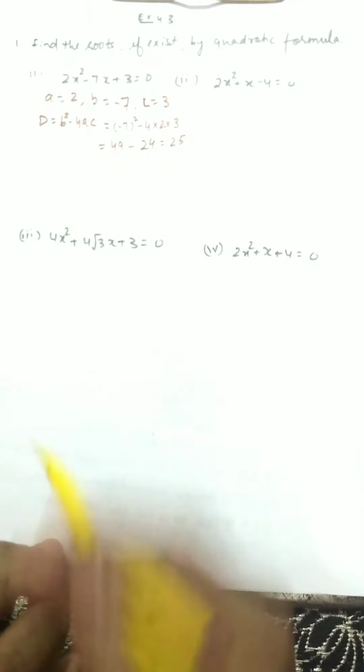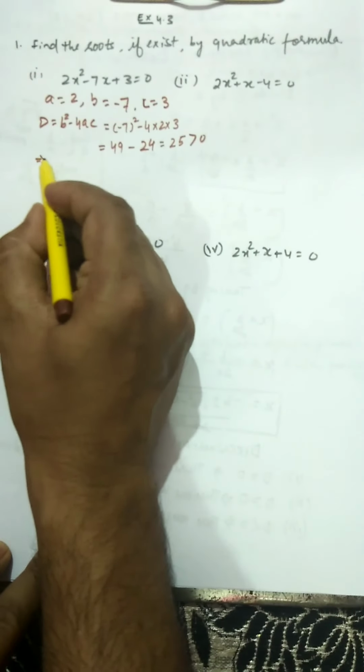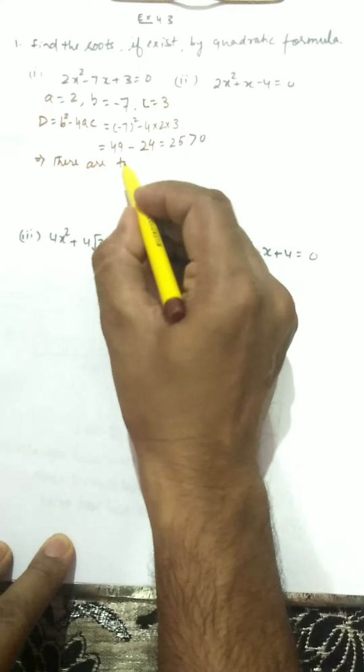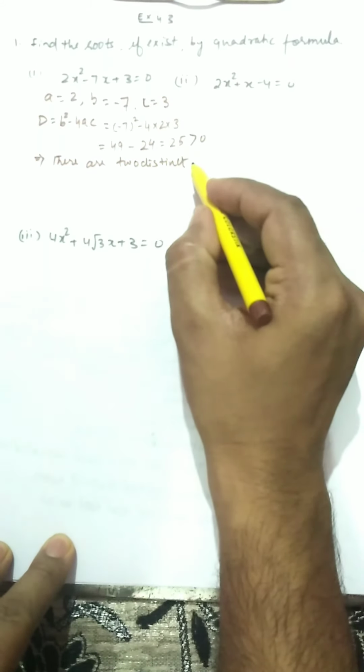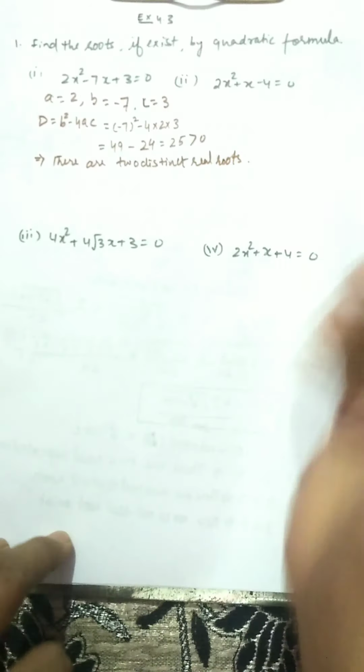Now you can see this is greater than 0. It implies there are two distinct real roots.